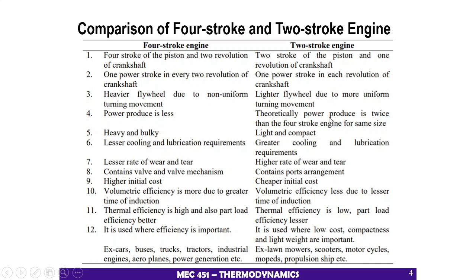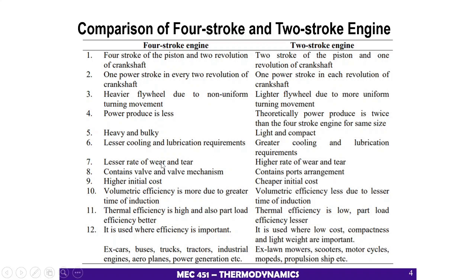Theoretically the power produced is twice, because 1 complete cycle is only 2 strokes. The 4-stroke engine is heavier and bulky because it comprises valves, but the 2-stroke engine is much lighter and compact. The 2-stroke engine doesn't have any valve, and it is much simpler, especially in the cylinder head.